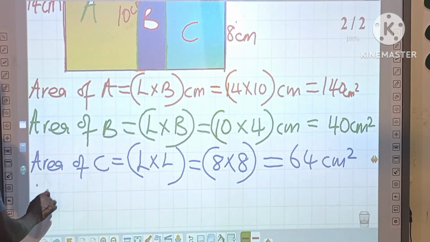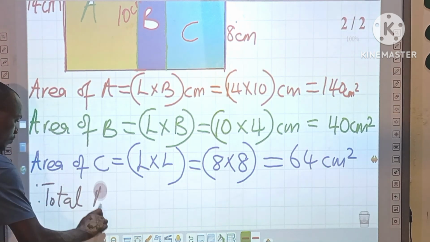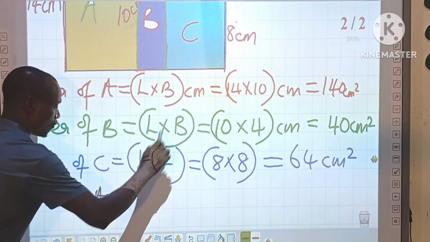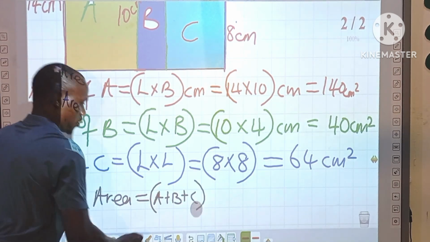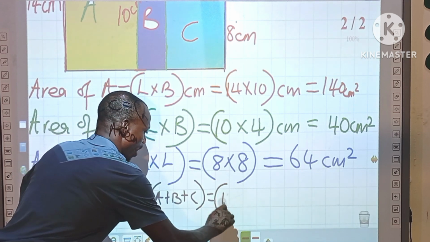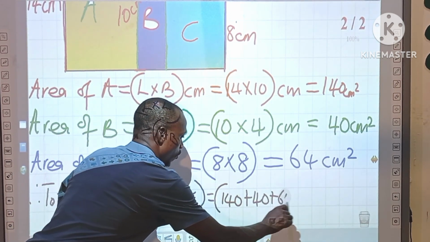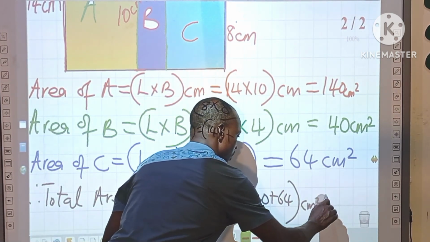Therefore, total area is equal to area of A plus B plus C, which is the same thing as 140 plus 40 plus 64, which all are in centimeters squared.